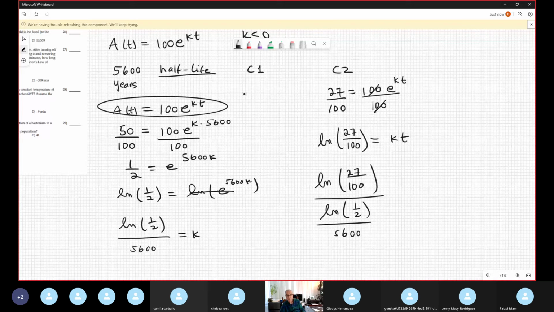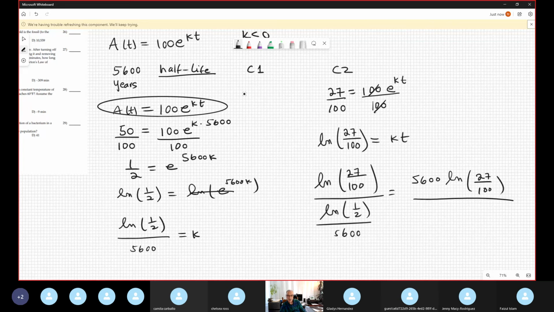Okay. Be careful. This is a little bit complicated putting into the calculator in that way. I propose you do something. Okay, you put 5600 on top like that, multiplied by logarithm of 27 over 100 divided by logarithm of 1/2.